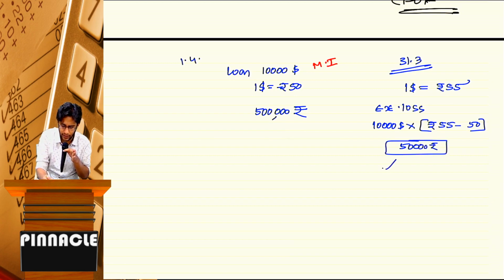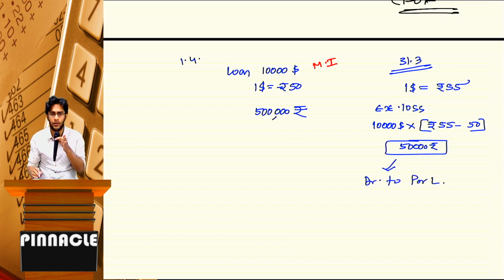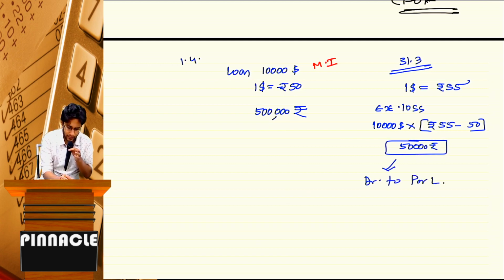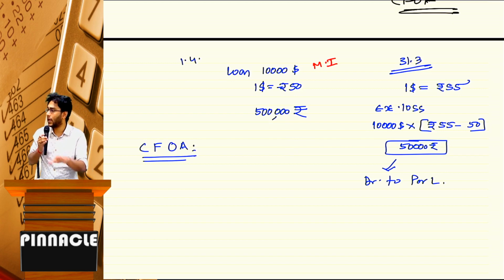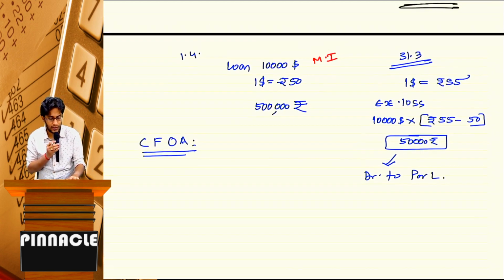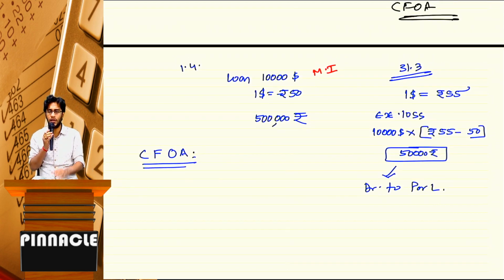Exchange loss, happily I have debited it to P&L. Fine, sir. Now I am preparing cash flow from operating activities. If you are preparing cash flow from operating activities using the direct method, no sir, then there is no problem. Why? You will simply not take this. P&L 50,000 will be there. You will say non-cash, no, it will not come.